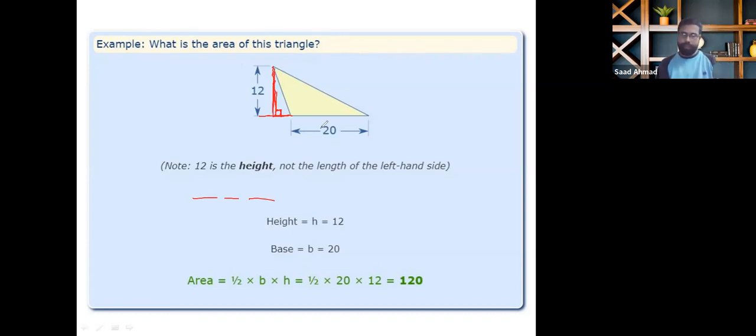And when we're dealing with the base, this much is the base. So this is the base, and that is the height. So it will be 1/2 times base times the height. So 1/2 times 20 times 12 is 120. So the area of this triangle is 120.